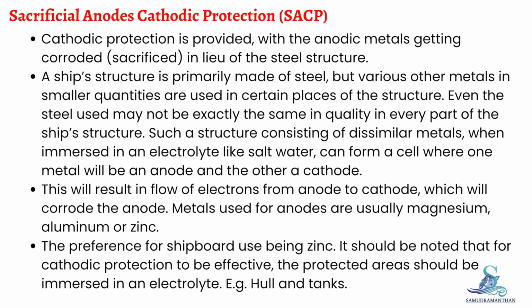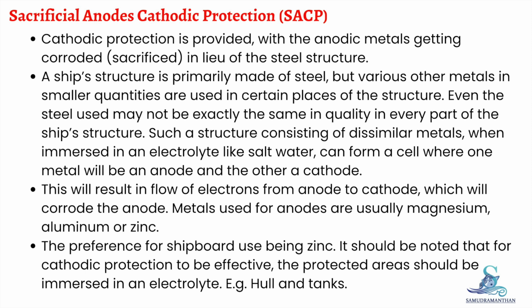Even the steel itself may not be exactly the same in quality throughout the structure. When such a structure, consisting of dissimilar metals, is immersed in an electrolyte like seawater, a galvanic cell is formed. One metal becomes the anode, and the other becomes the cathode. Electrons flow from the anode to the cathode, and the anode corrodes in the process.